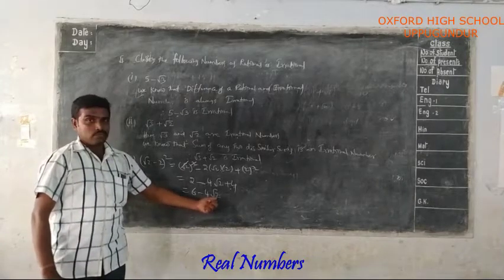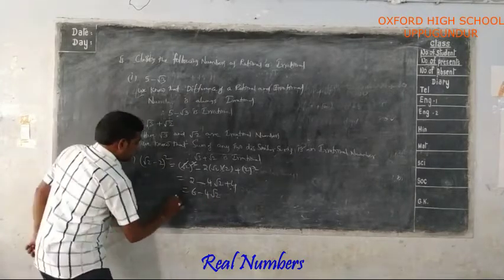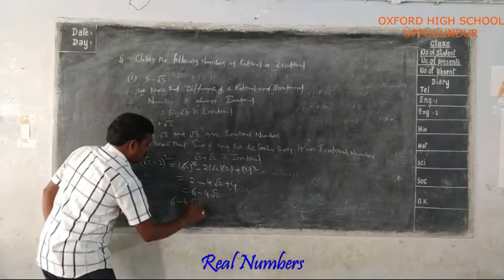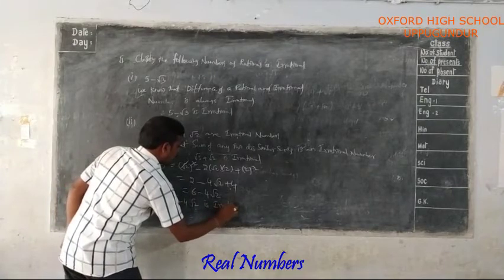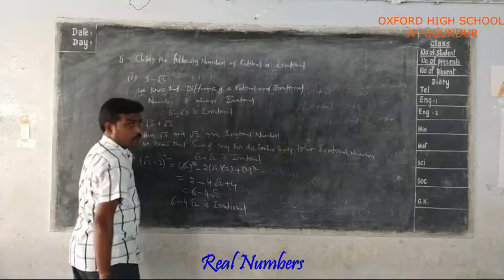Therefore 6 minus 4 root 2 is irrational. Why?